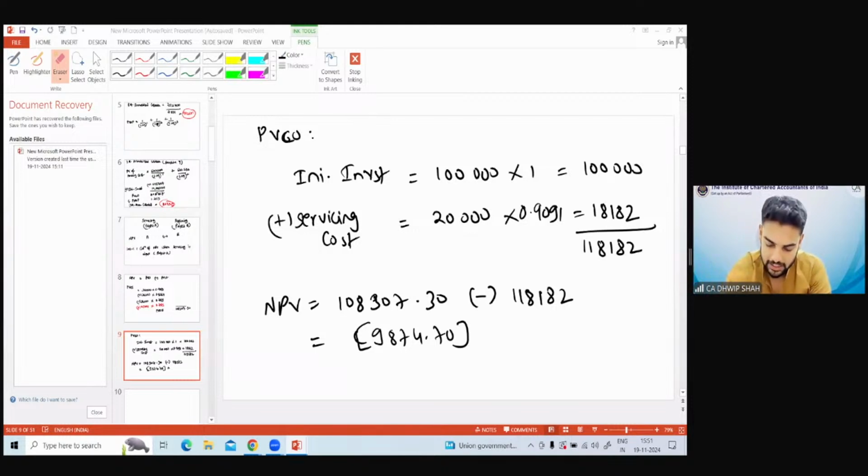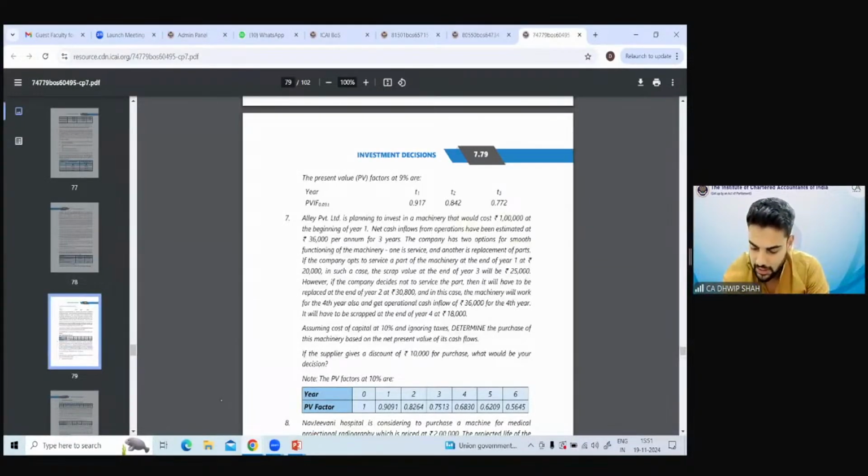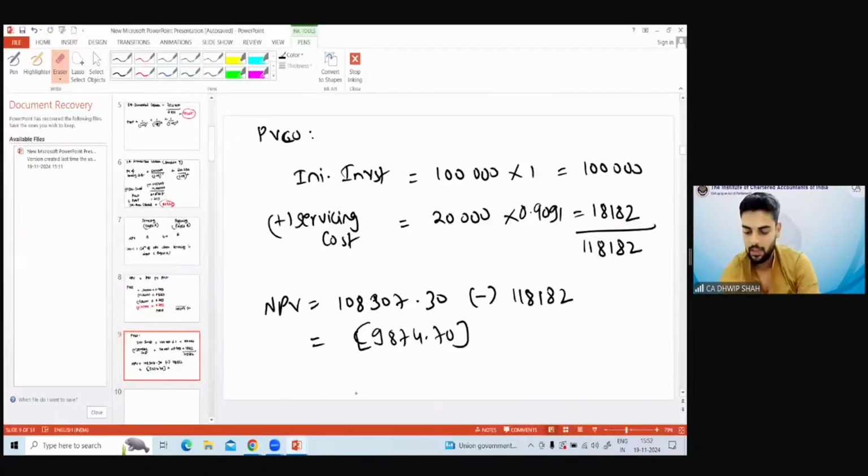Negative. But the question asks, see, there is another point in the question. Let's say if the supplier gives outright discount of 10,000 for purchase. So can I say in that case, my outflow would not be 1 lakh, it would be 90,000. Yes or no? Because 1 lakh is my outflow, but supplier is giving me a discount of 10,000. So I just need to pay 90,000 to it. So in that case, my initial investment would be 90,000.